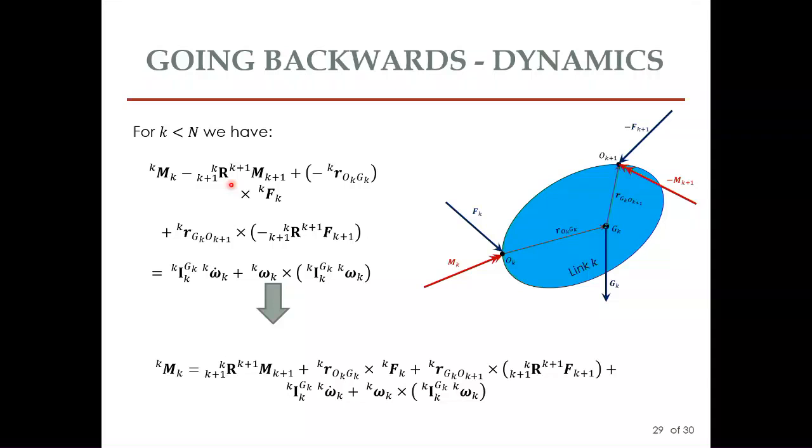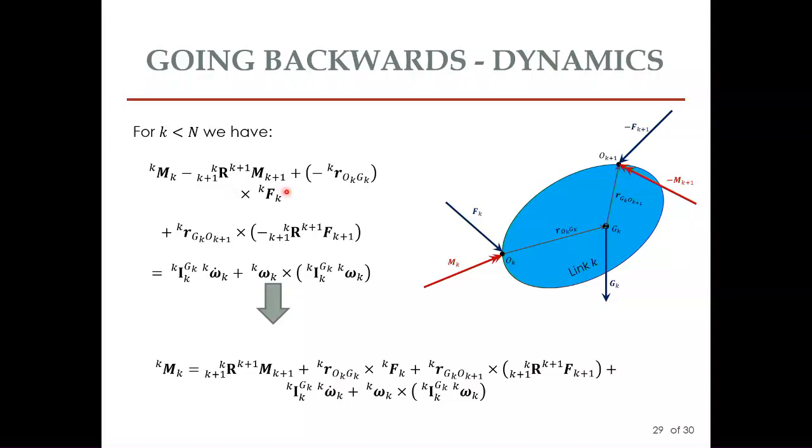So when I move from link n to link n minus 1, here I was working in frame n, here I'm working in frame n minus 1. So whatever I calculated here in frame n, I will rotate to frame n minus 1 to substitute within these equations. Okay?